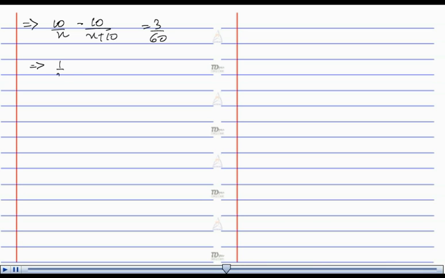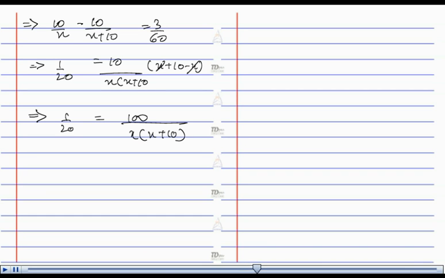Therefore 1 by 20 is equal to 10 upon x times (x plus 10) multiplied by (x plus 10 minus x), which will give you 1 by 20 is equal to 100 upon x times (x plus 10). So we can frame the equation as x square plus 10x minus 2000, which will give you equation number 1, and we get the value of x as minus 50 and 40. So neglecting the negative value, we get the positive value as 40 kilometers per hour.